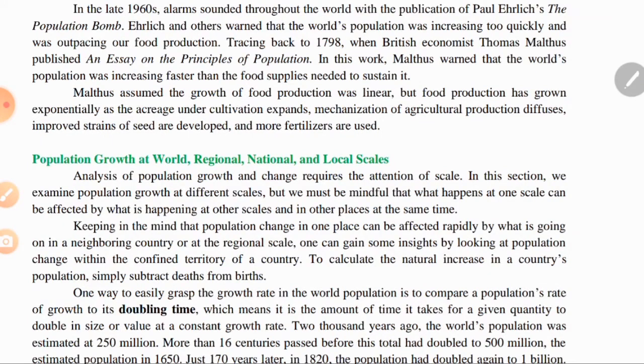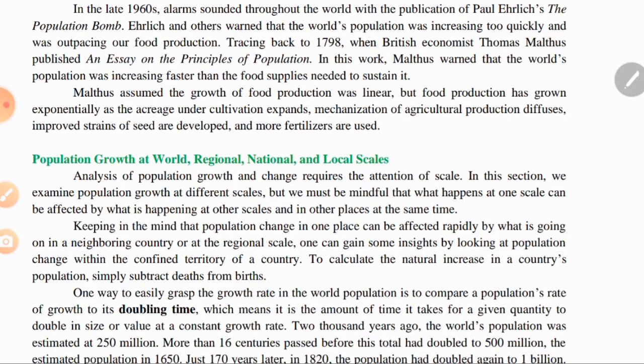And Malthus assumed that the growth of food production was linear, but food production has grown exponentially as the acreage under cultivation expands, mechanization of agricultural production diffuses, the improved strains of seeds are developed and more fertilizers are used.